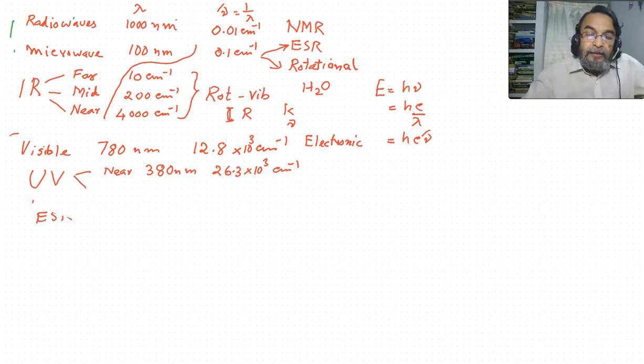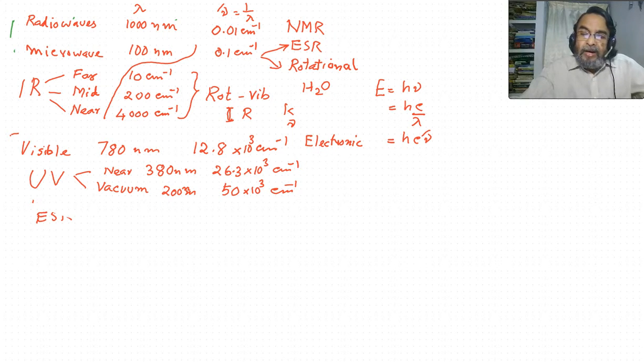And then comes the vacuum ultraviolet. It is called vacuum ultraviolet because it is possible to study the spectrum only in vacuum, by evacuating the tube. Vacuum ultraviolet starts from 200 nanometer wavelength to 50 times 10 raised to 3 inverse centimeter wave number.